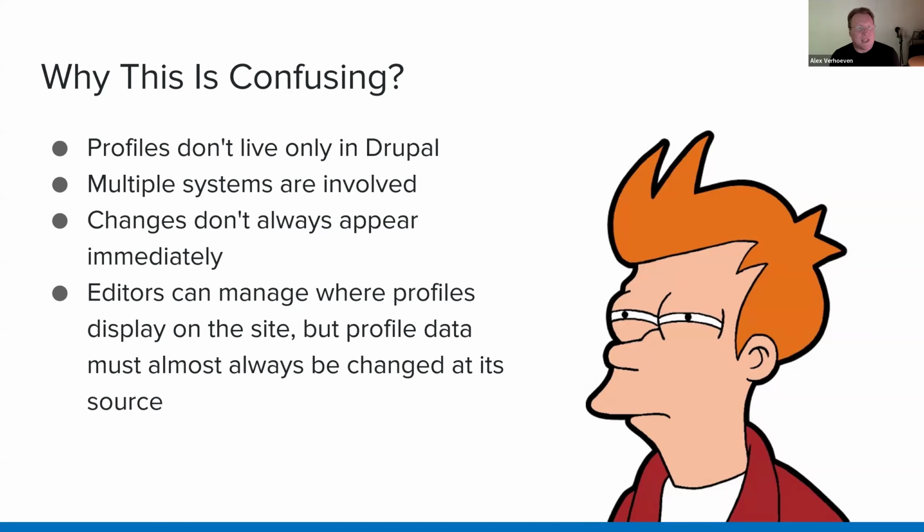Another thing that can be confusing is that changes that you make don't always appear immediately. And while editors can manage where profiles display on the website, profile data must almost always be changed at its source in the system of record.